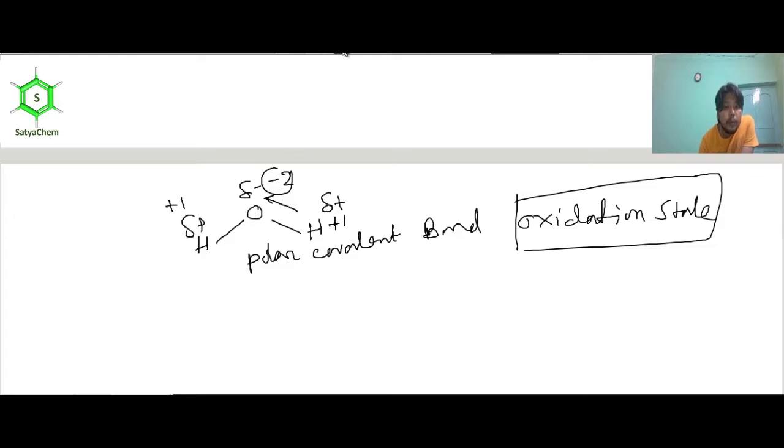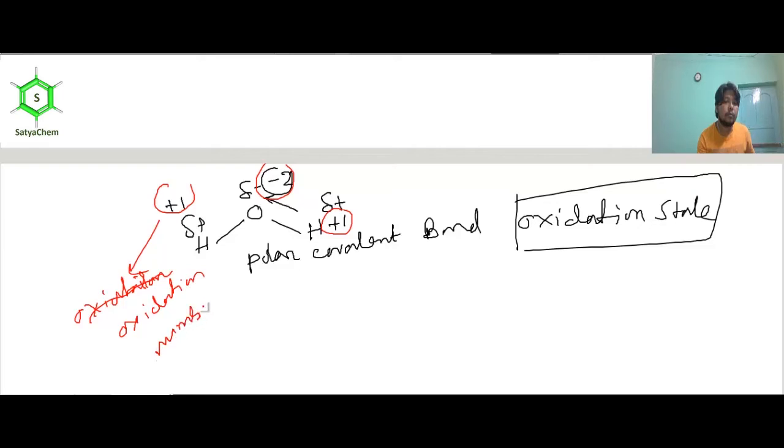So this plus 1, minus 2 and plus 1, these are the oxidation numbers. Clear? So here in HOH, the oxidation number of hydrogen is plus 1, oxidation number of oxygen is minus 2, and oxidation number of the other hydrogen is plus 1. So it maintains electrical neutrality.